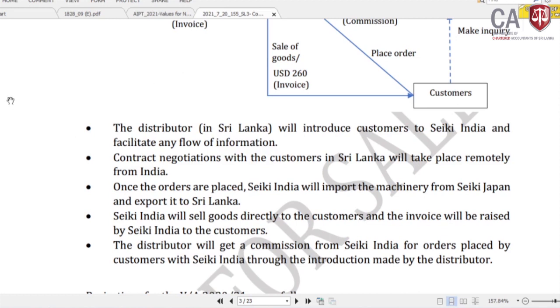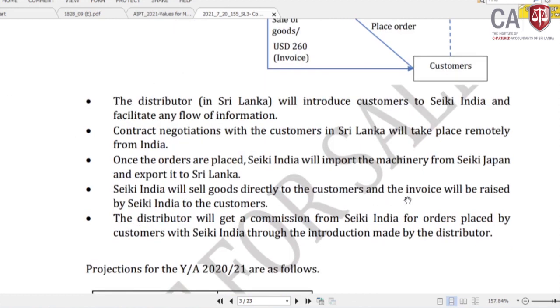It's very clearly given, directly to the customers, and the invoice will be raised by Seiki India to the customers. Everything is done by this Indian company. Then the distributor will get a commission from Seiki India for orders placed by customers with Seiki India through the introduction made by the distributor.